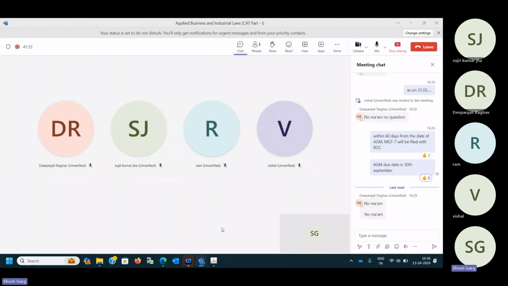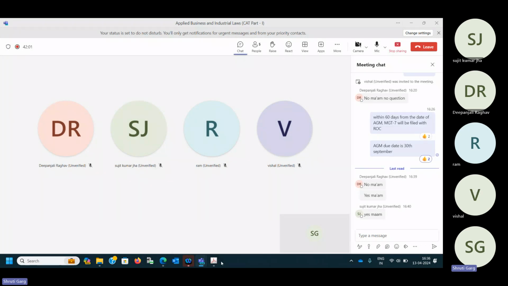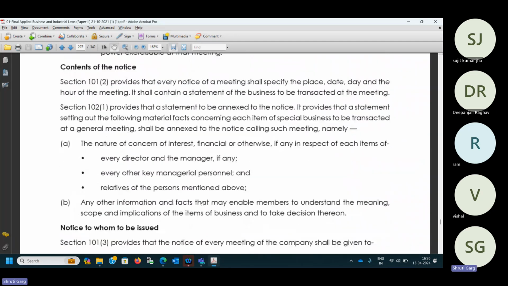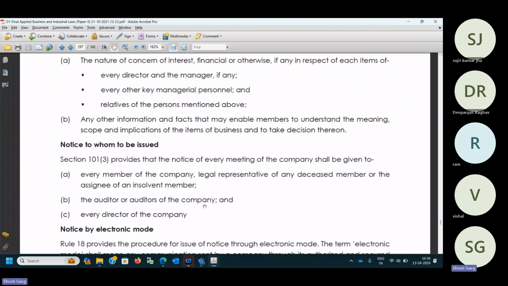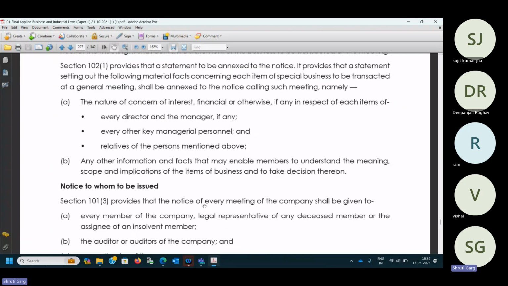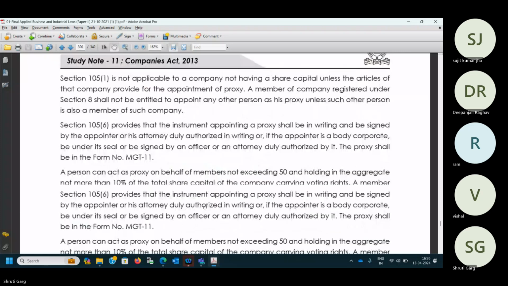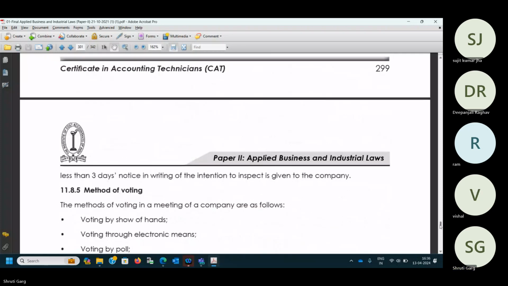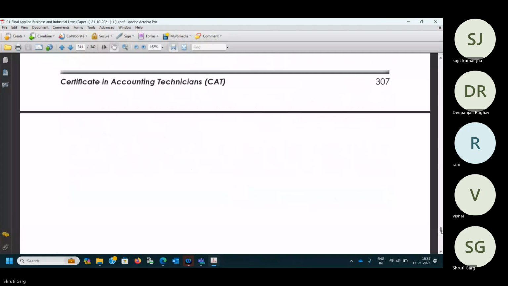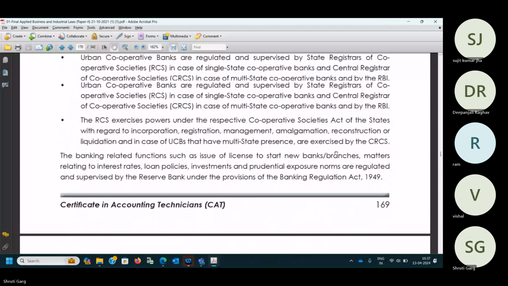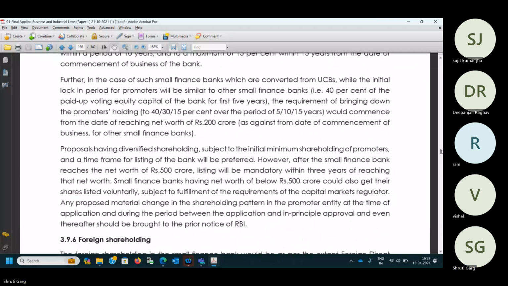Okay, thank you. So we will meet next Saturday, that is 20th April, and we will try to conclude the company law next Saturday. That is the meetings. Yes, meetings. And the topic is the prospectus.